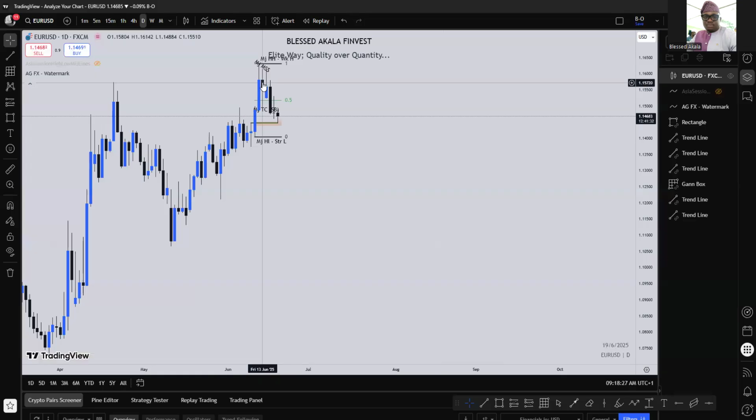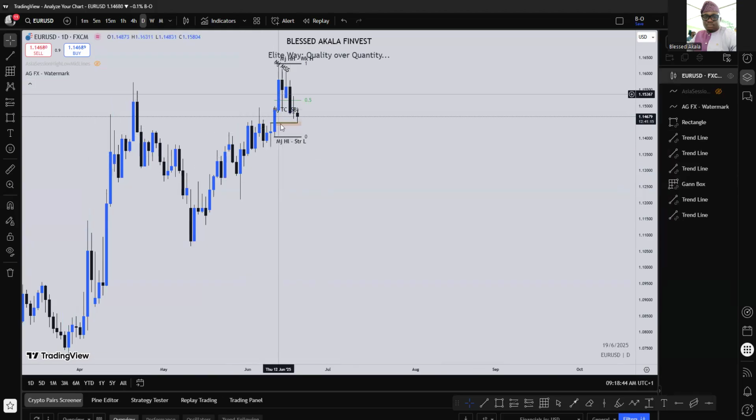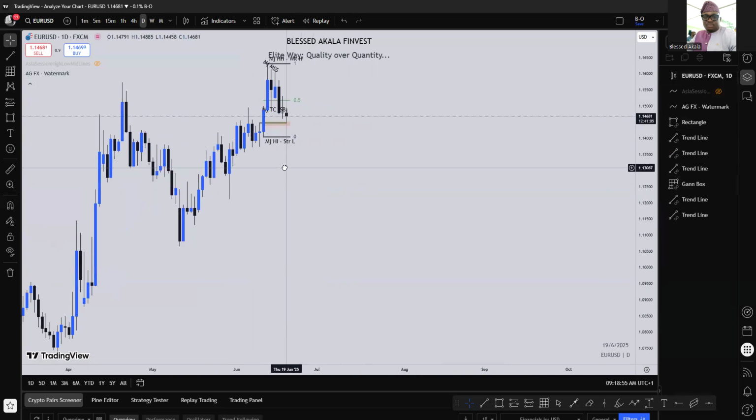We have an inside bar on Friday, same thing on Monday, but the market broke below those inside bars. So whatever makes those inside bars be broken below, automatically we can be expecting some greater movement below all these levels.